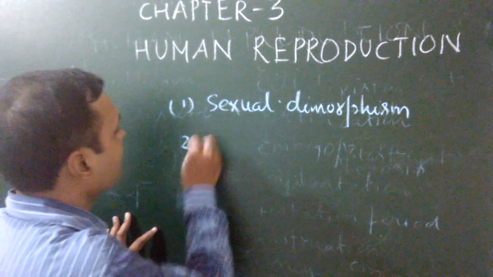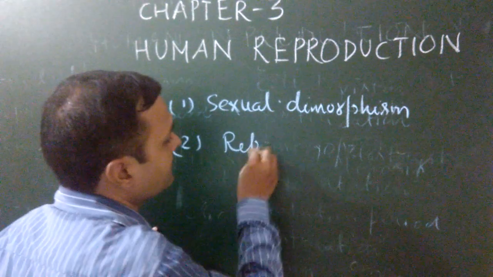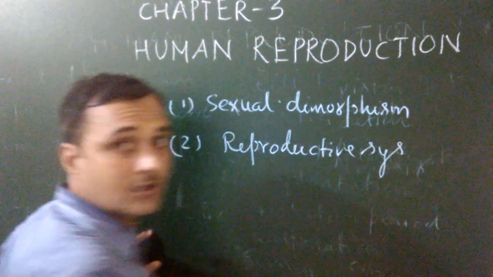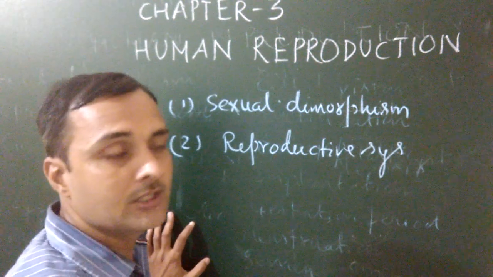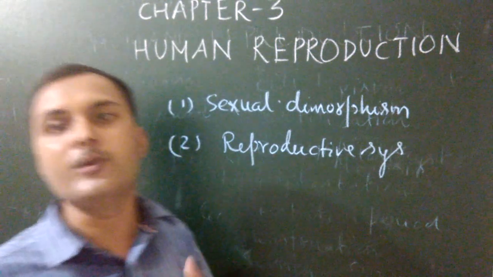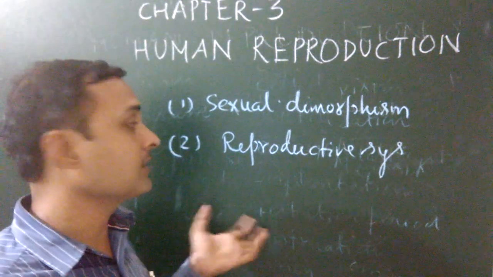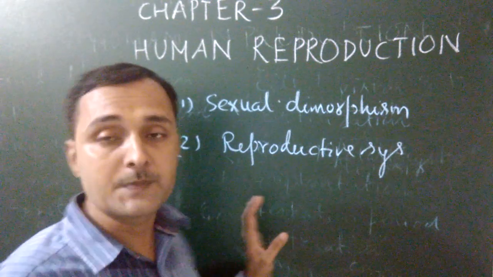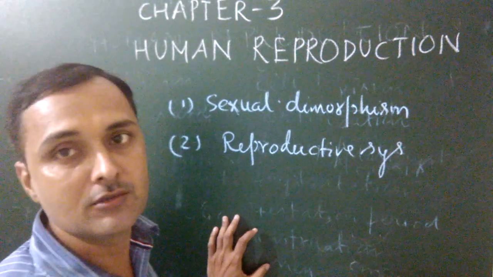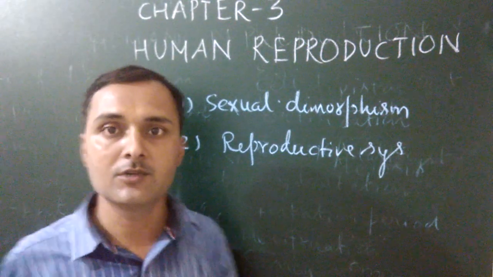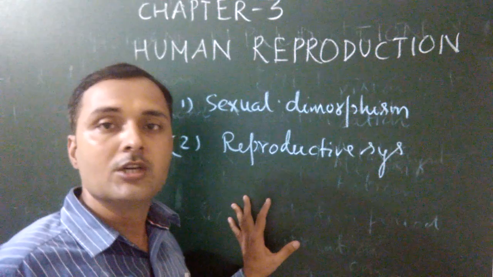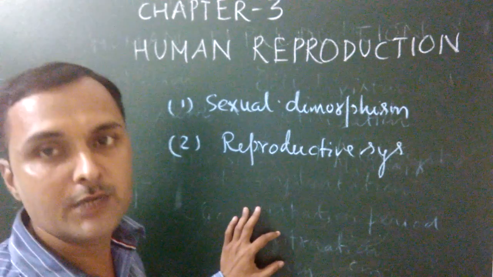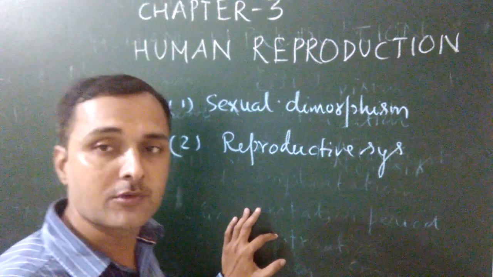Next, second is reproductive system. What do you mean by the term reproductive system? The organ system in the human body which helps in the growth and development of a new young one is known as the reproductive system.